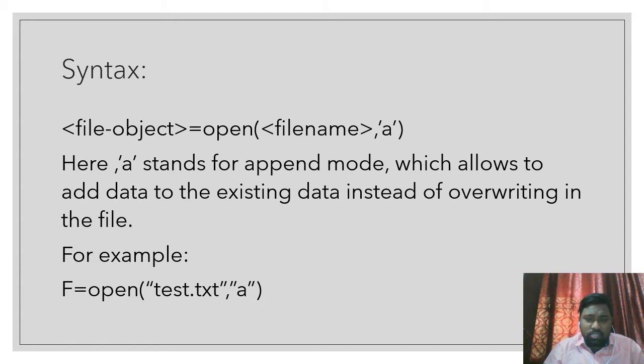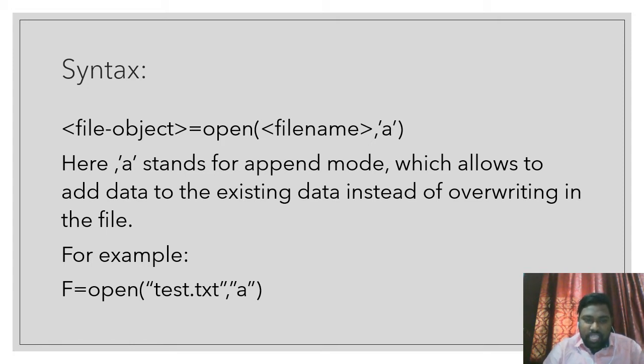Let's see the syntax of appending data, how we can append data. Always the file object, file variable or file handle equals open of the particular file name where we are going to add the data to be appended, along with A mode. A mode represents appending data.